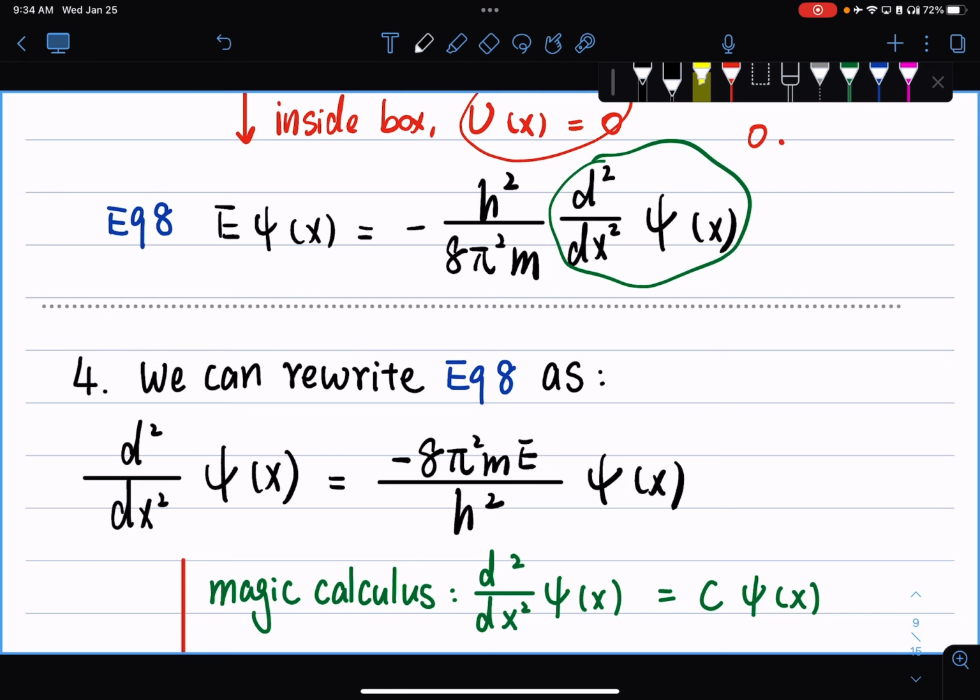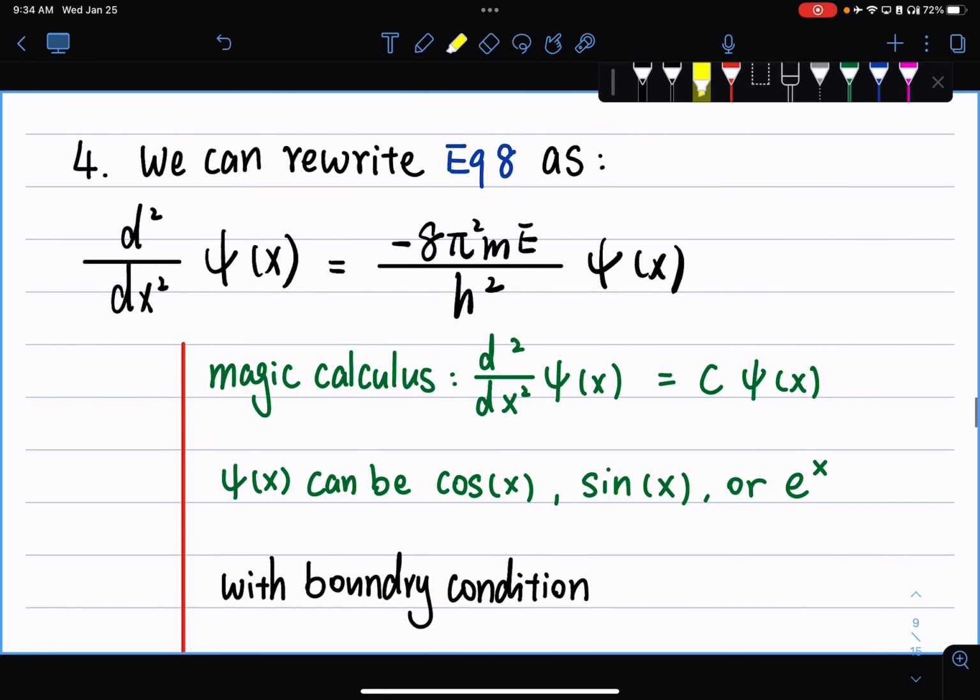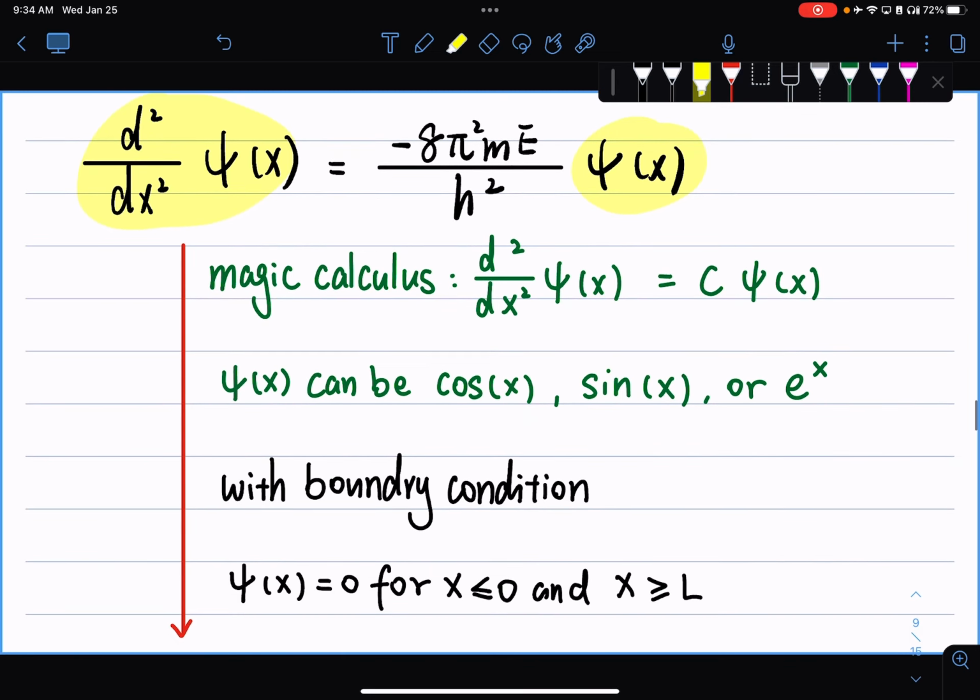Here we're going to use a little bit of calculus because this is a differential equation. This is the second derivative of some mathematical function. On the right-hand side, we have that function itself. So I'm going to use some magic calculus here. We want a function whose second derivative is itself.